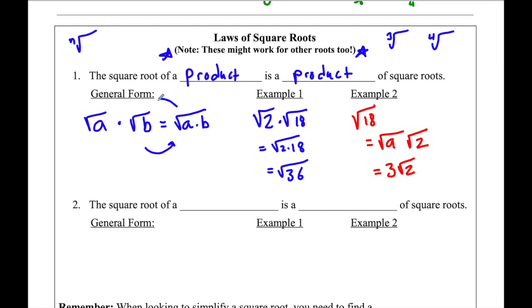And I never thought about this before until recently, but those of you who are used to reading left to right sometimes don't look back and go the other way. And think about the fact that the square root of A times the square root of B equaling the square root of A times B could actually work the other way around, okay? And that's what we get with example 2.